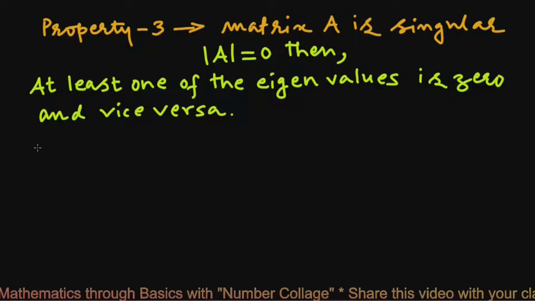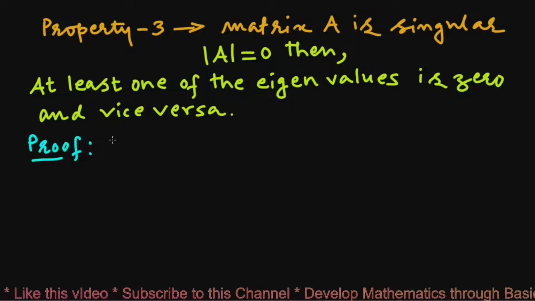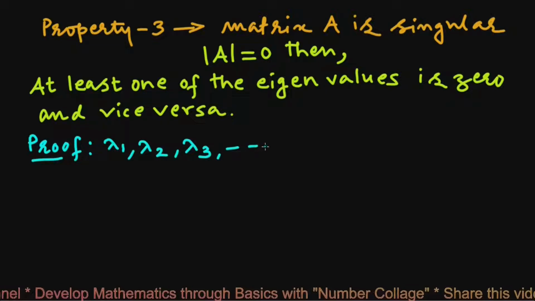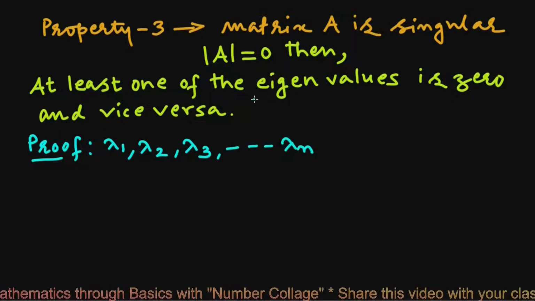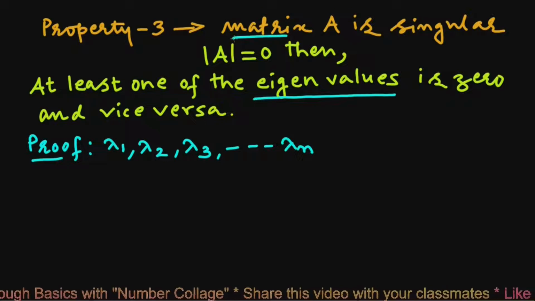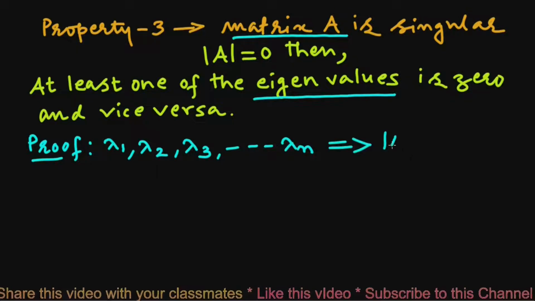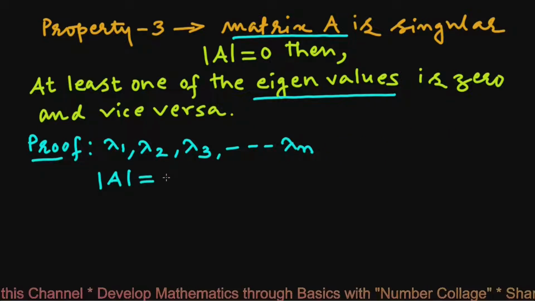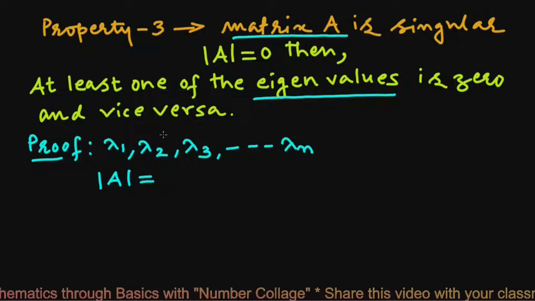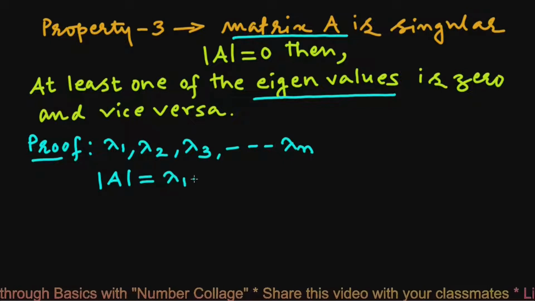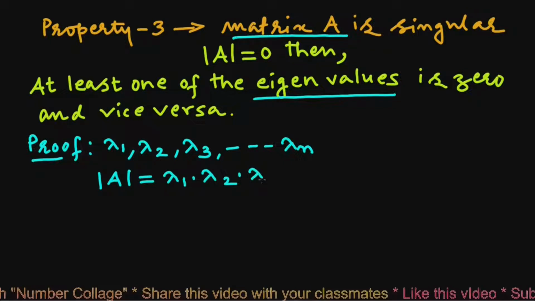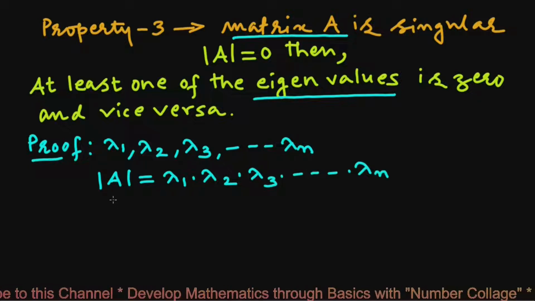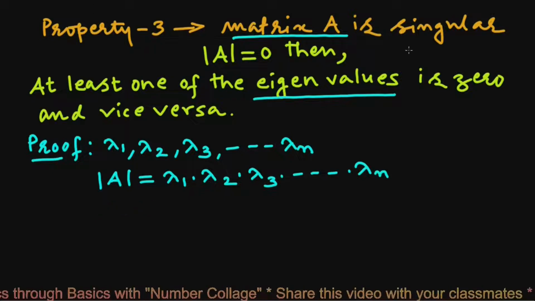Now this can be easily proved. We have just proved that if lambda 1, lambda 2, lambda 3, and so on up to lambda n are the eigenvalues of this matrix A, then determinant of A equals the product of the eigenvalues, lambda 1 into lambda 2 into lambda 3 and so on up to lambda n.